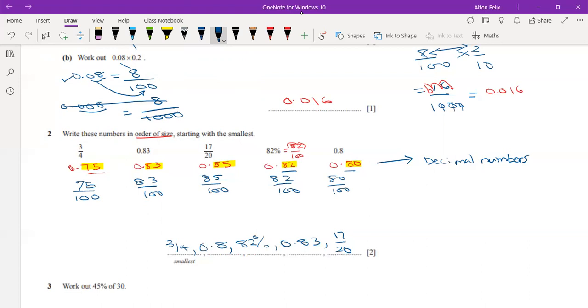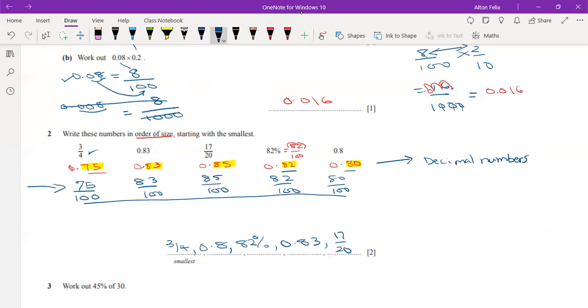So again, all you need to do is consider just the numerator, seeing that we have a common denominator, all divided by 100. And you will appreciate that the 75 over 100, which is the 3/4, will come first, followed by 80, which is 0.8, second, and so on.